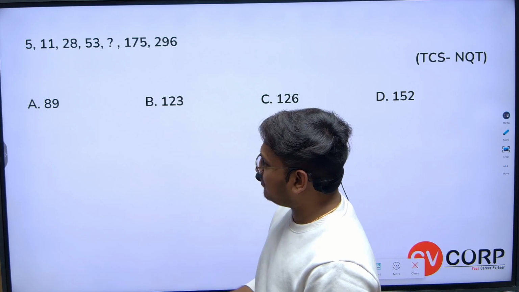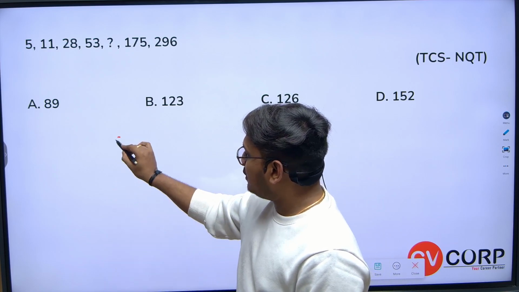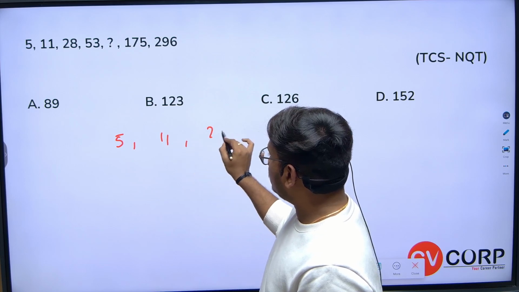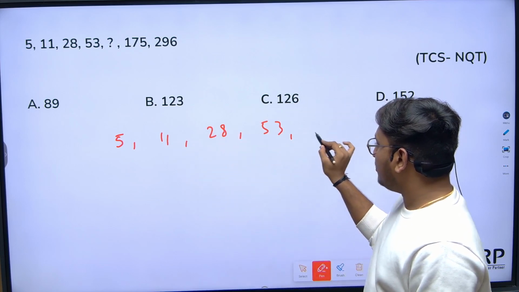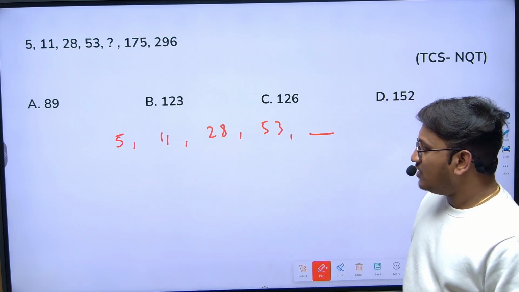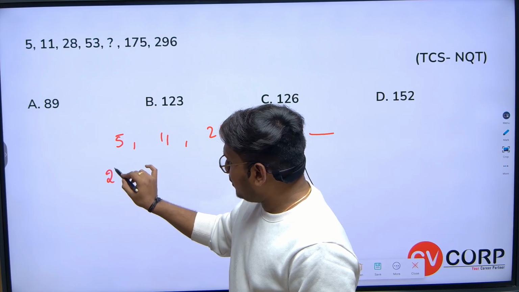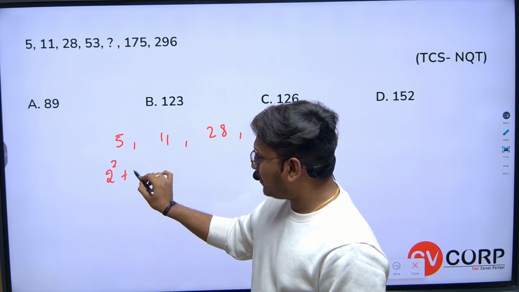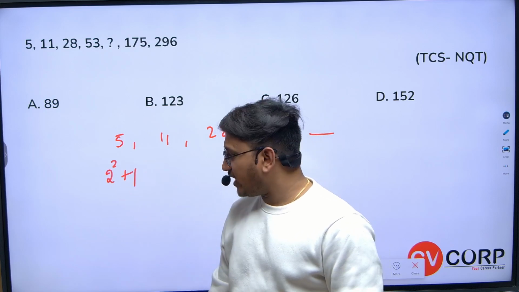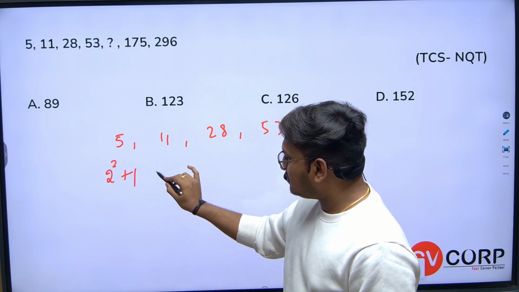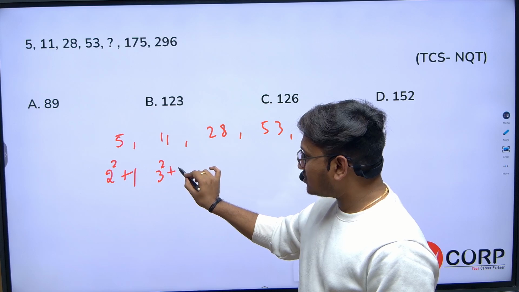Let's take an example. For this question, 5, 11, 28, 53, we are expecting the next value. If you observe, the answer here is 2 square plus 1. Next, 3 square plus 2.